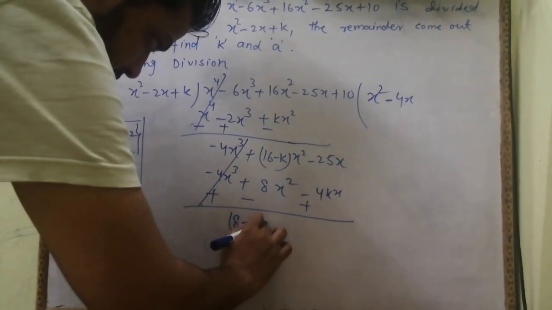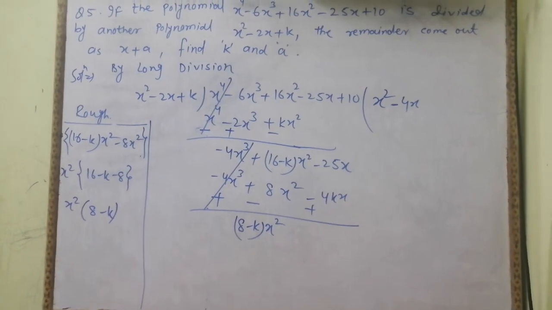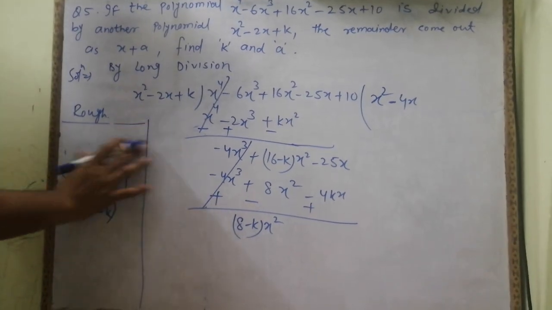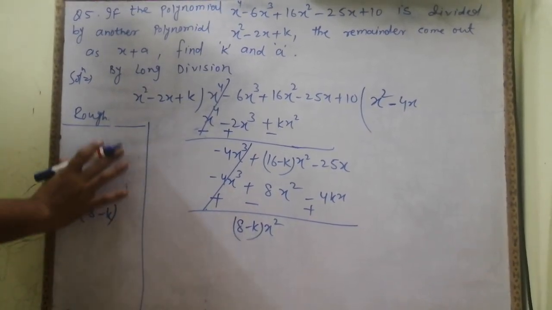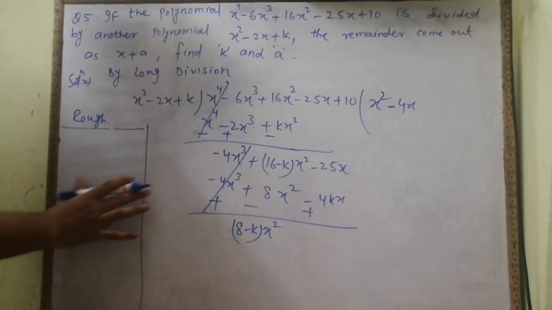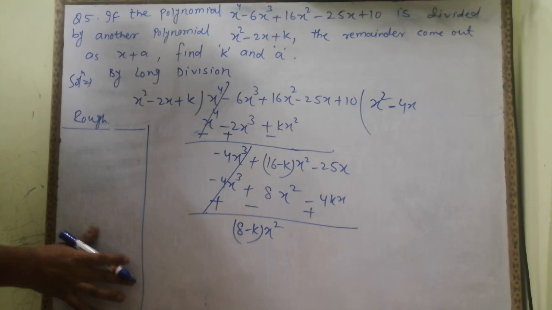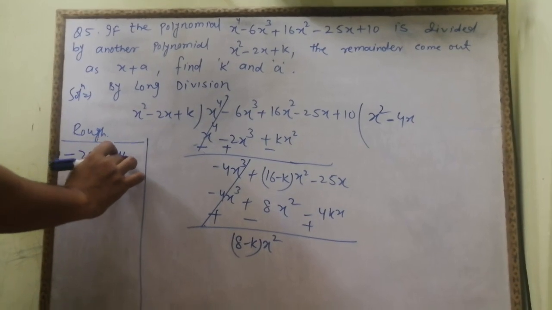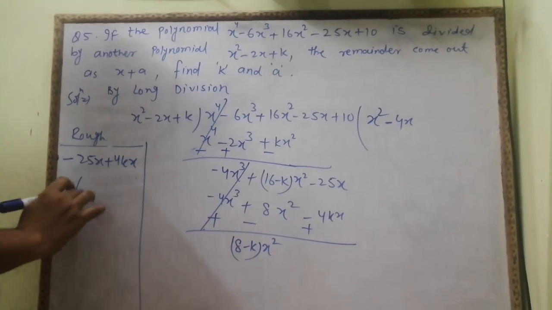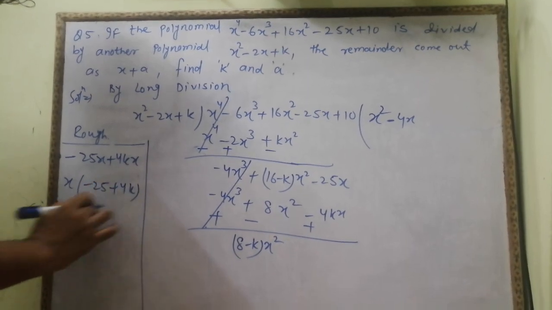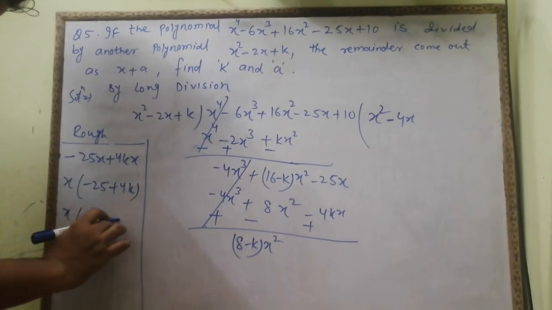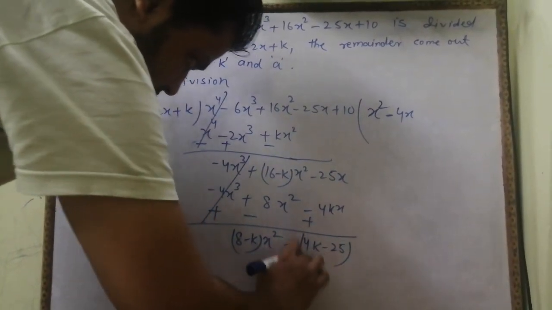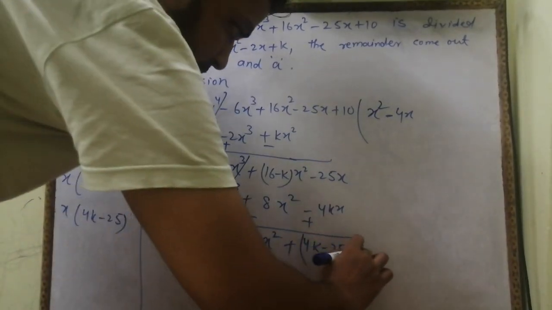Now write minus 25x plus 4kx. Take x outside: 4k minus 25, so write 4k minus 25 into x, and write 10.